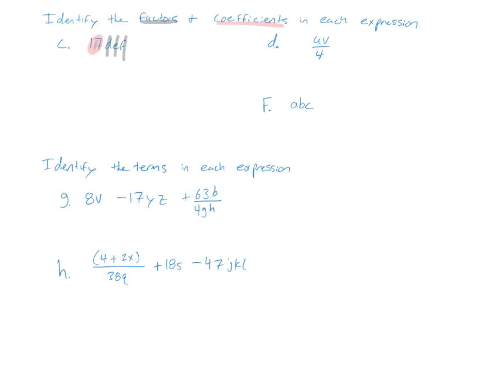So let's say factors would be 17, D, E, and F, and the coefficient would just be simply 17. For letter D, that is a UV over 4, in case you're having a hard time reading my handwriting there.